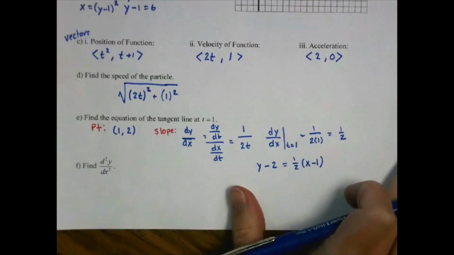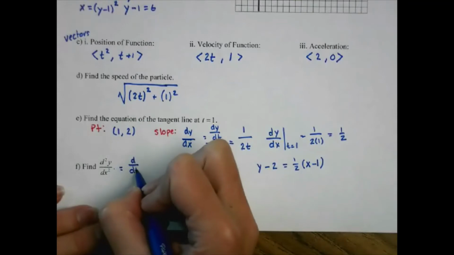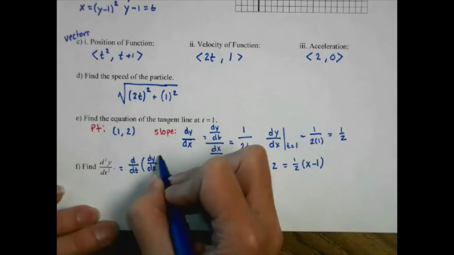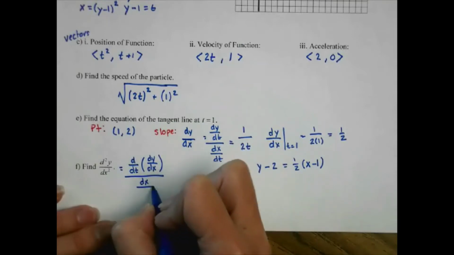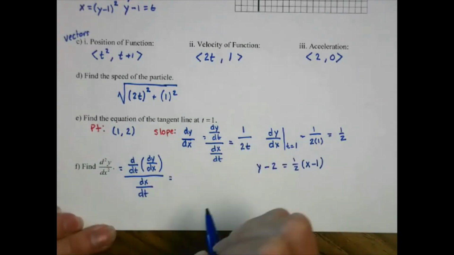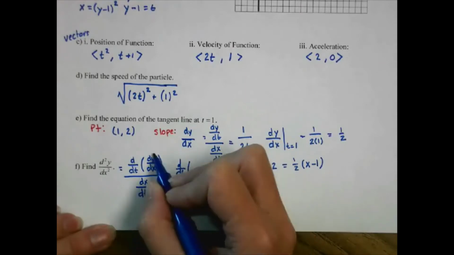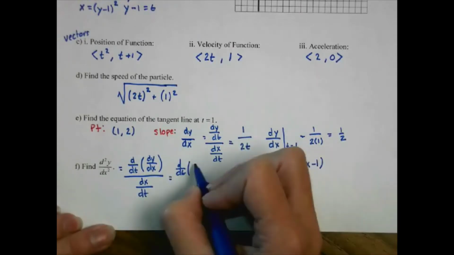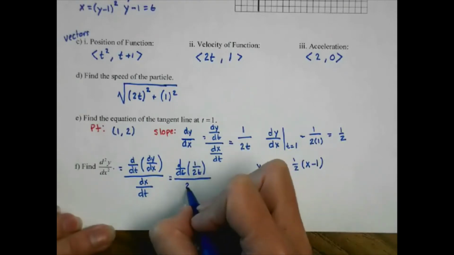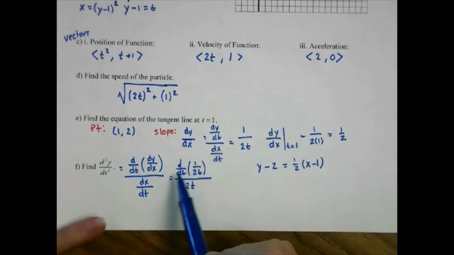The second derivative here is going to be d/dt of dy/dx, over dx/dt. So the derivative with respect to t of dy/dx, which we found was 1 over 2t, over dx/dt, which is 2t. So we take this derivative.